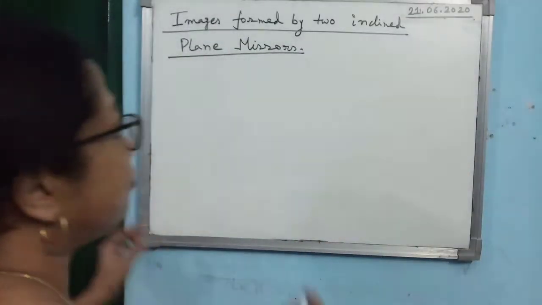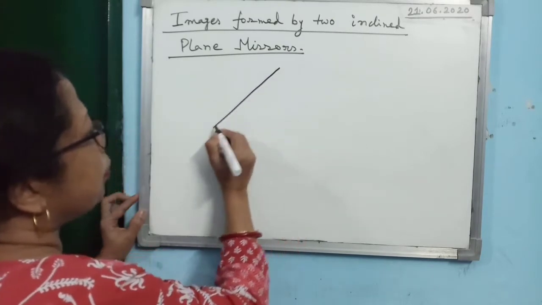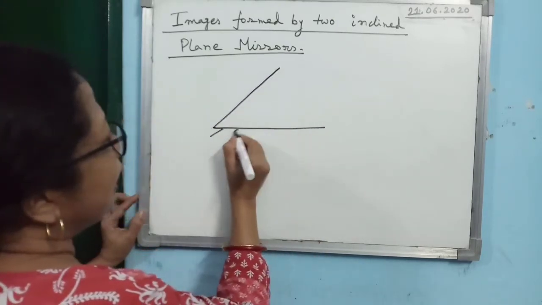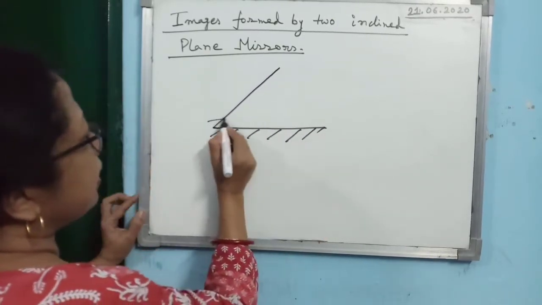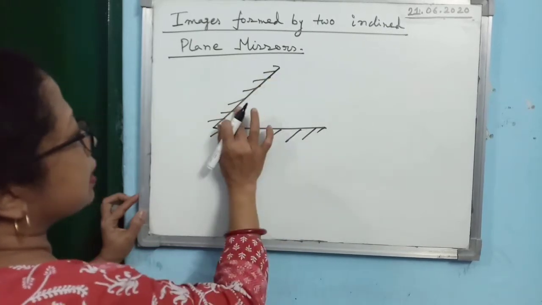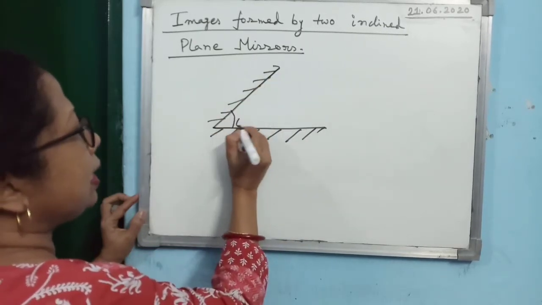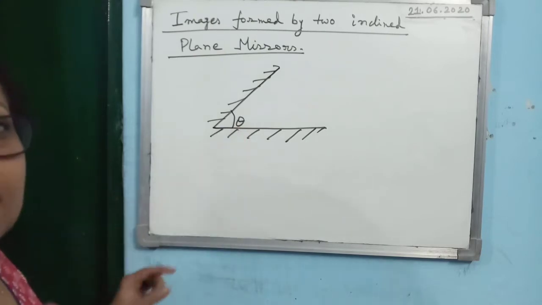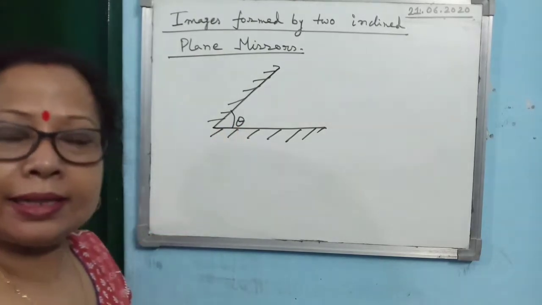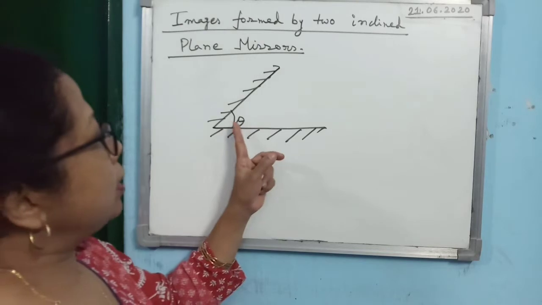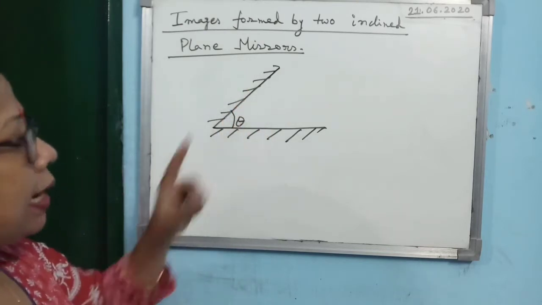But this is the very interesting one. Suppose you have 2 plane mirrors, and the 2 plane mirrors are inclined at an angle theta. This is theta, the Greek letter. So, what is the measure of the angle theta?